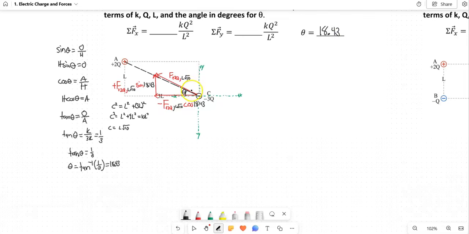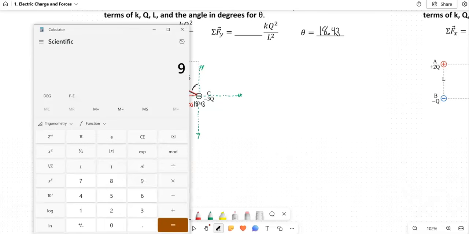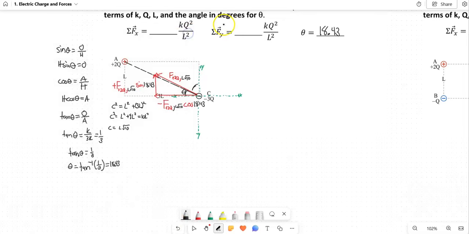If you used this as your angle right here, that would be 90 minus 18.43, which would be 71.57. Either one of those is correct.